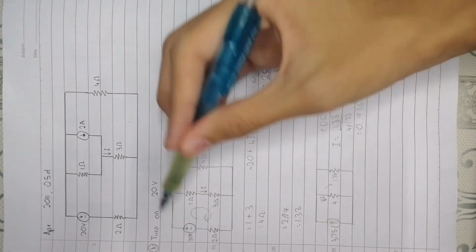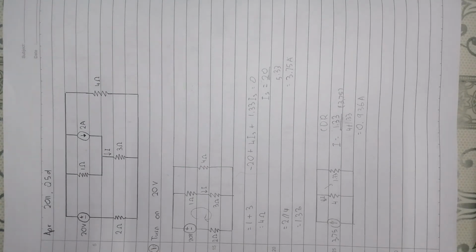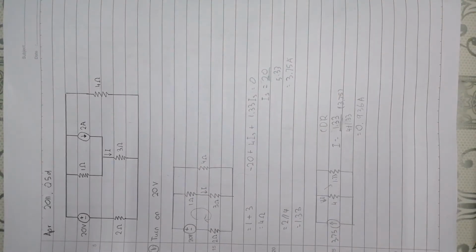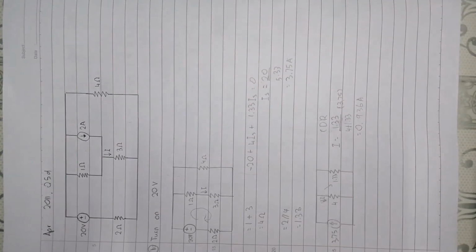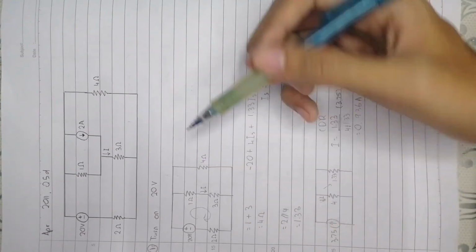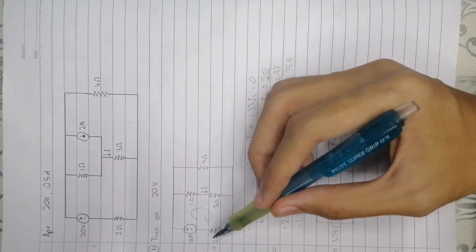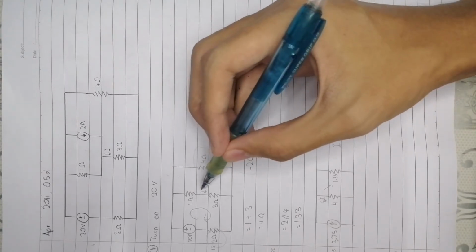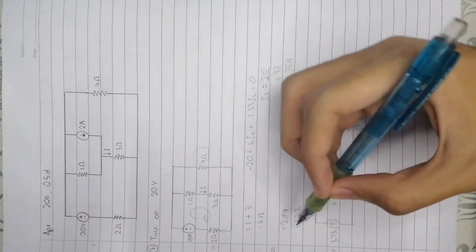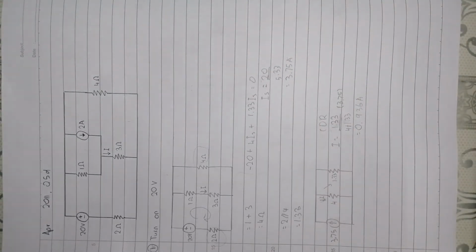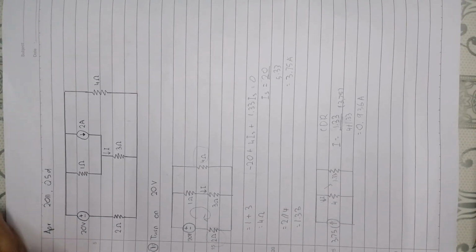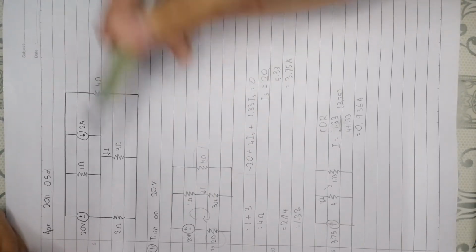So after we turn on the 20 volt voltage source, we can see that 1 ohm and 3 ohm can be combined because they are in series, and then we can parallel this with the other resistor, but I choose to combine this value with this because we don't want to mix up with this value because we want to calculate the I. So 2 parallel with 4, we got 1.33, and then we will use KVL, that is the voltage across the loop is equal to 0.